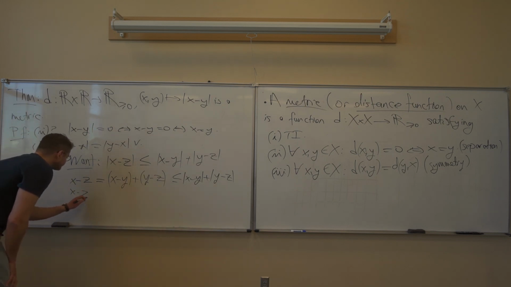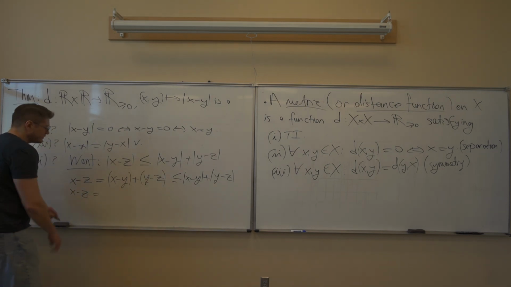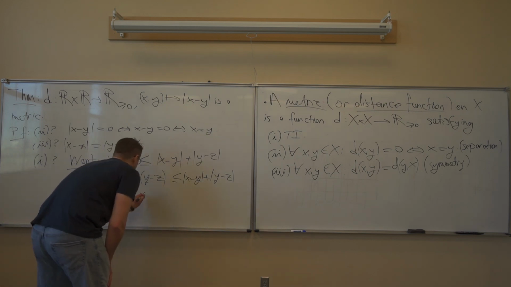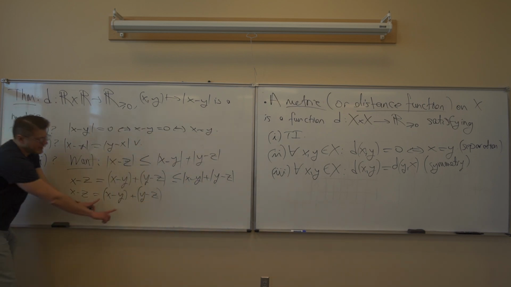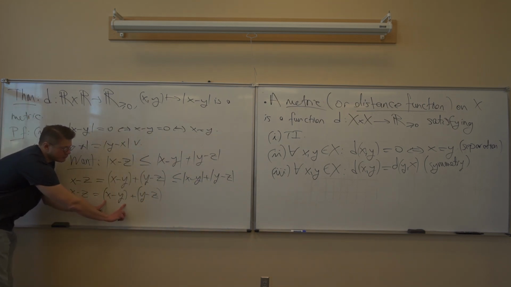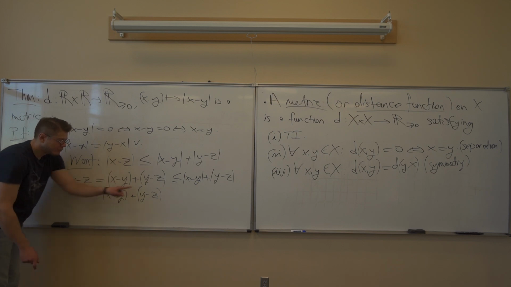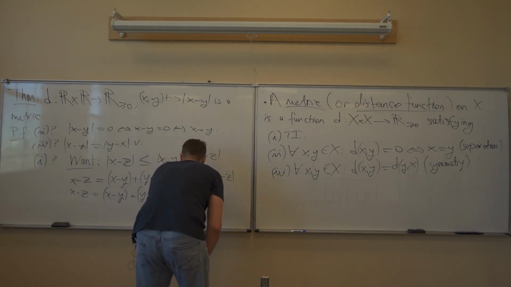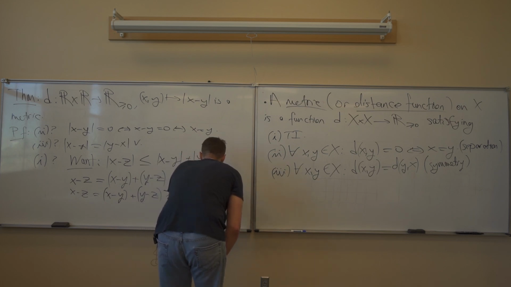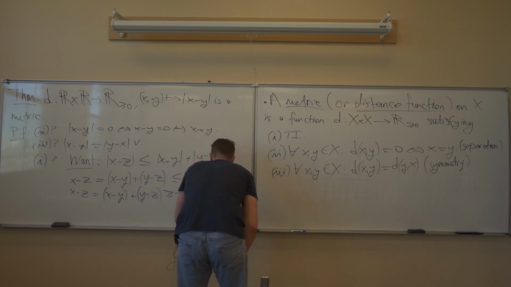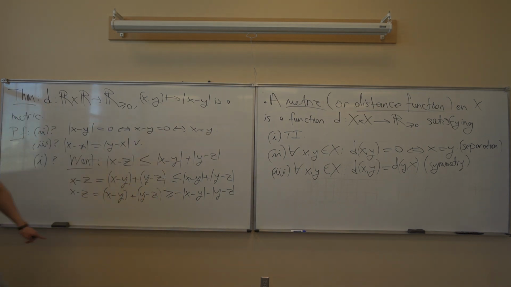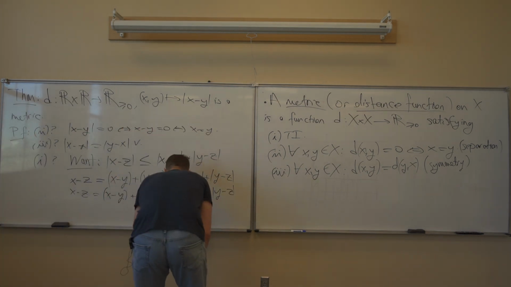Likewise, x minus z equals x minus y plus y minus z. But x minus y is bounded from below by minus its absolute value, and likewise this guy. Okay, we're in the clear. And of course I can factor out the minus here, write it like this.